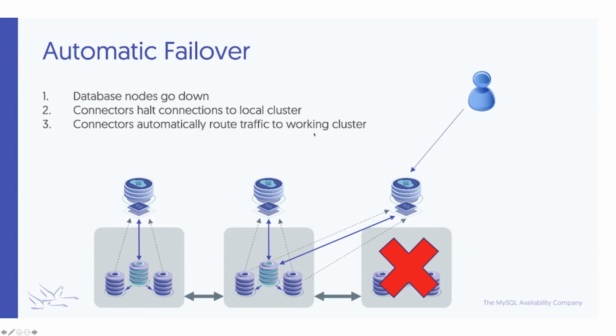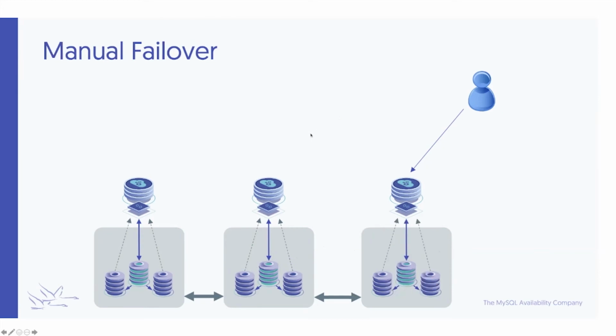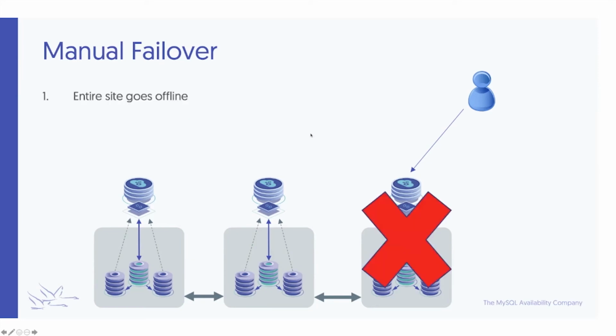But let's look at another scenario too, and this is a manual failover. And when this happens, this is because maybe an entire site goes offline, not just the database servers, but all the app servers with it. So now we need to think about, well, is this really a failover situation? And if so, we can activate our internal failover rules, right?